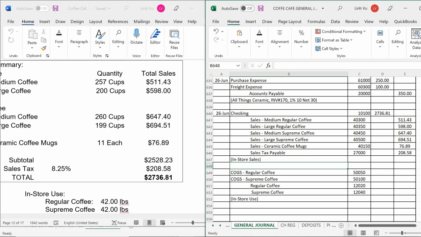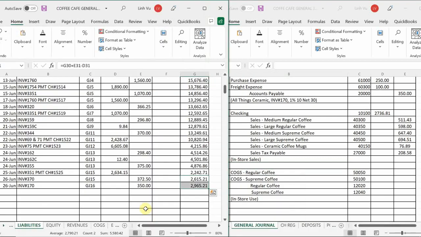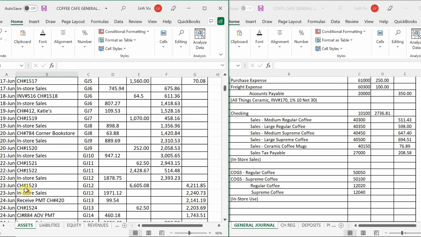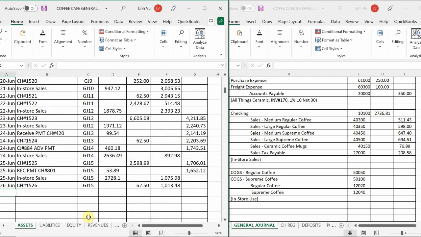And now we go to the general ledger. Starting with the assets, with checking, 2736.81.